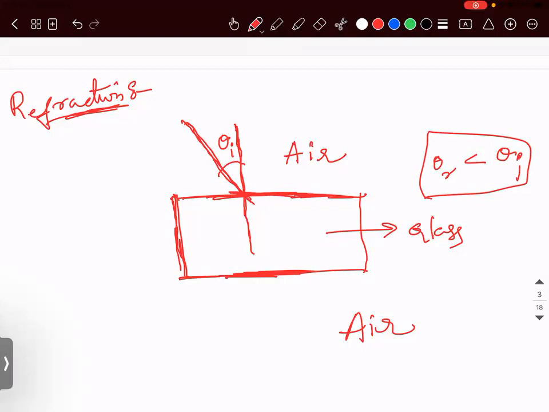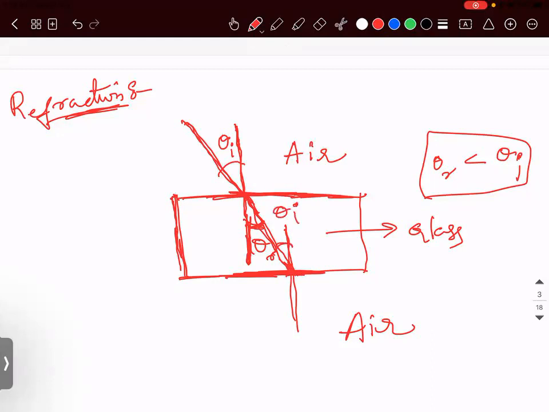So this is theta R. Now again you need to consider the normal here. At this point, theta I will be this.